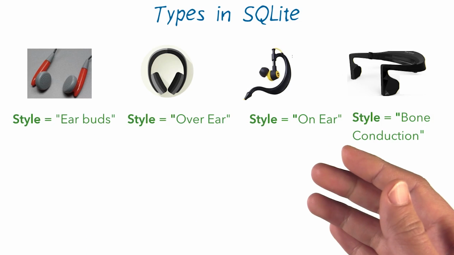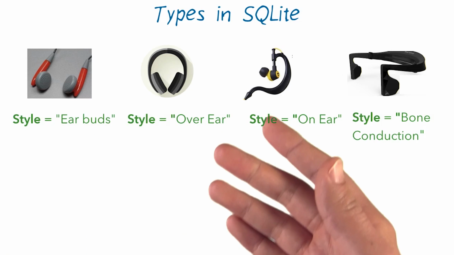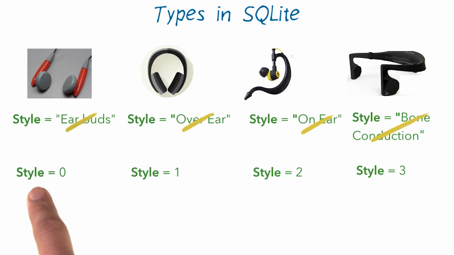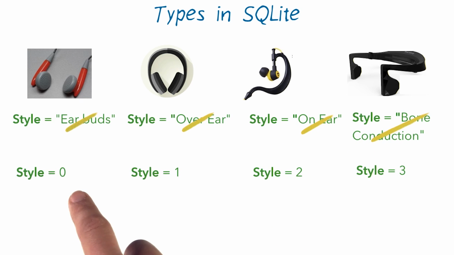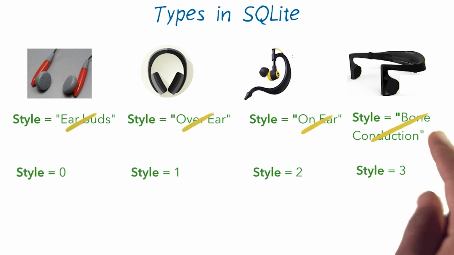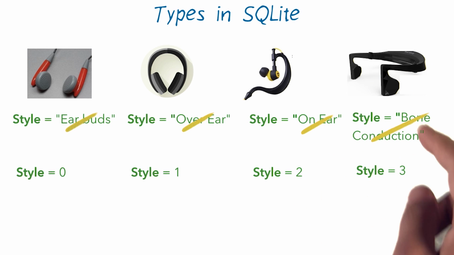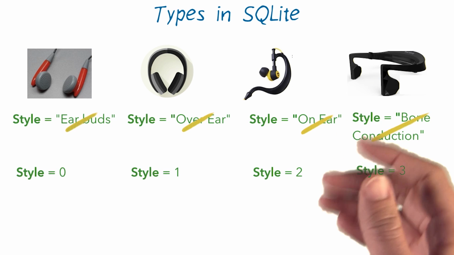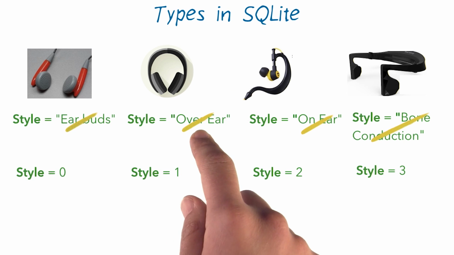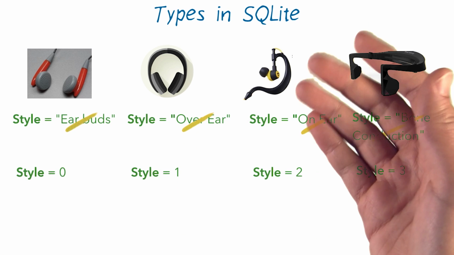A simpler way would be to associate a number with each of these, and store that number in the style attribute. First of all, storing a single digit takes up way less space than an entire phrase like bone conduction. Secondly, a long string of text can be less precise. For example, if we imagine people typing in on-ear or over-ear, it's possible they could misspell that entry.